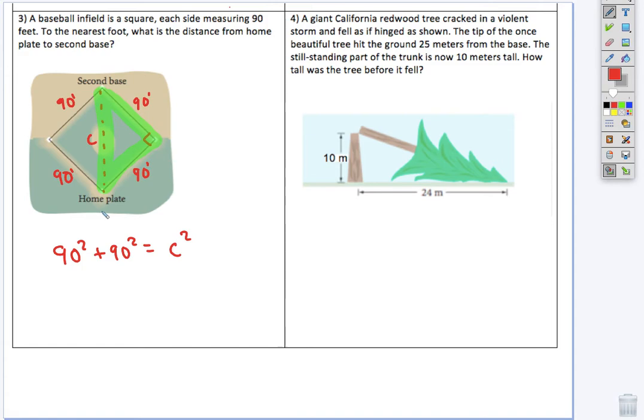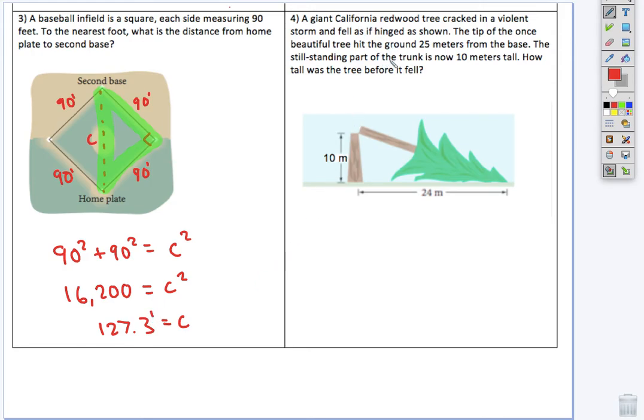So we're going to do 90 squared, and that's 8,100, and there's two of them, so I'm just going to double it. So that's 16,200 equals c squared. Then I'm square rooting both sides, and I get about 127.3 equals c. And again, that's feet. So 127.3 feet.